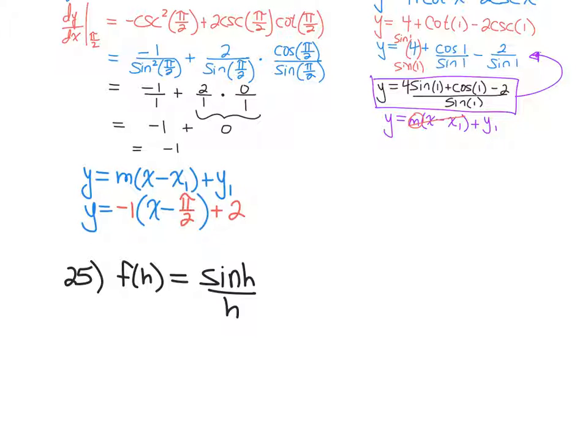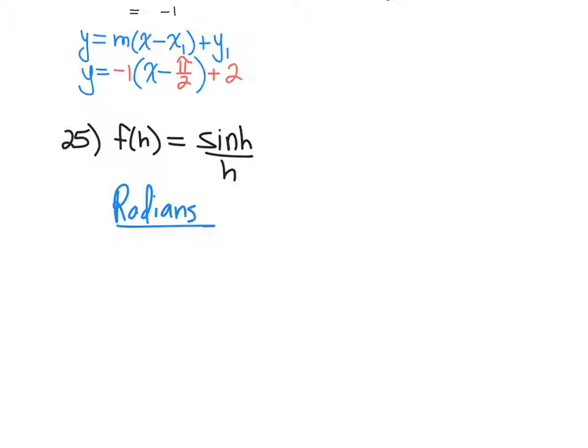Compare your estimate with pi over 180. Is there a reason to believe that the limit should be pi over 180? All right, so let's take a minute. In radians, which is the world that we live in, the limit as h approaches 0 of sine h over h is equal to 1.